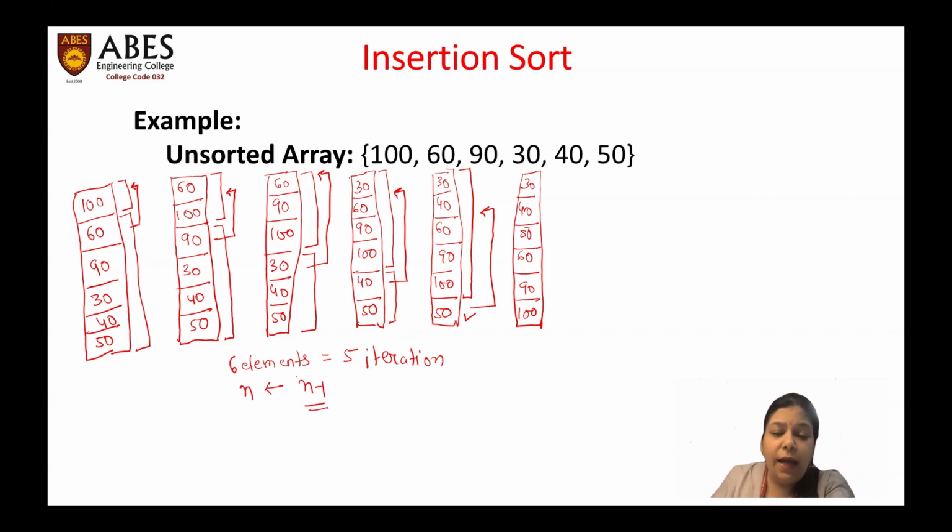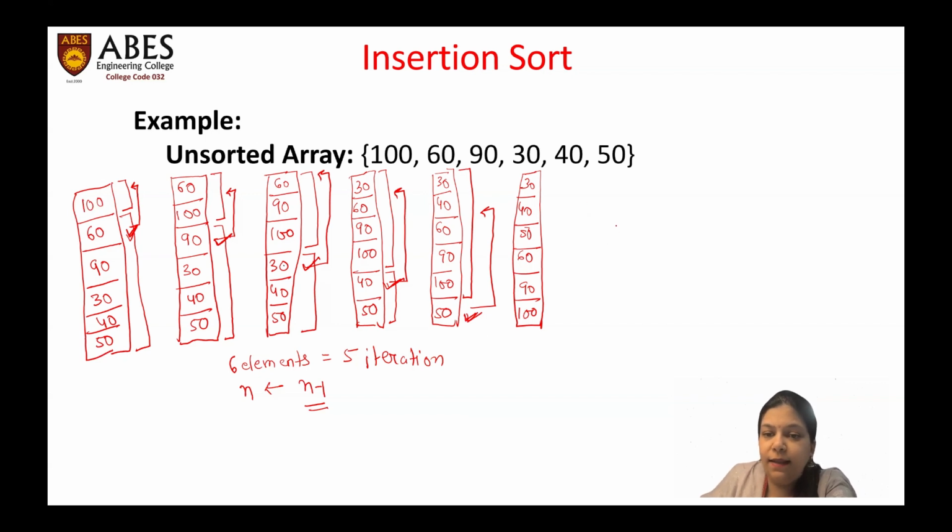Now let us try to build the algorithm for what we have done so far. You can see that in every iteration, we have taken one element. Let us consider this element as the key element. We have taken 60, then we have taken 90 as the key element, then 30, then 40, and last we have taken 50 as the key element.